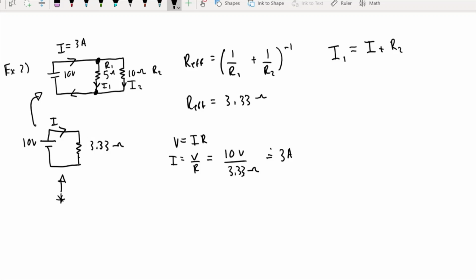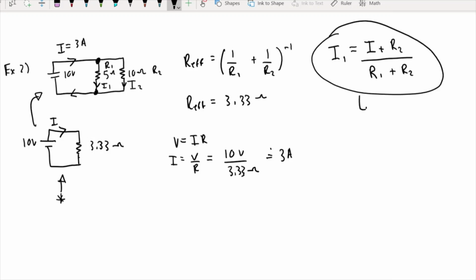So it depends on the resistance in the opposite branch. Keep that in mind. That's where a lot of students make mistakes. And then you're going to do R1 plus R2. So this equation right here is called your current divider. Okay, so now that we have this equation, we can solve for the current going through the 5 ohm resistor.